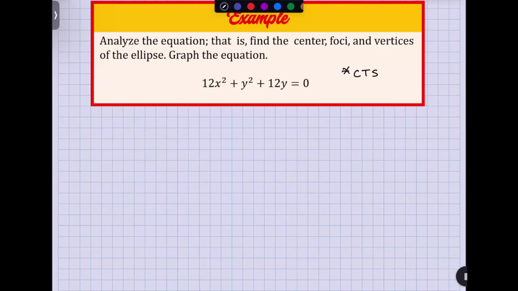What does CTS mean? Complete the square. Complete the square. Because if you look at the equation, we have a bunch of y's, we got an x, right? So we have 12x squared plus y squared plus 12y is equal to 0.